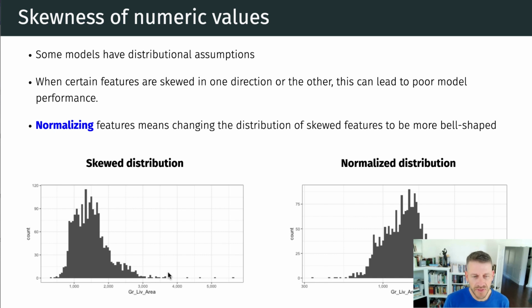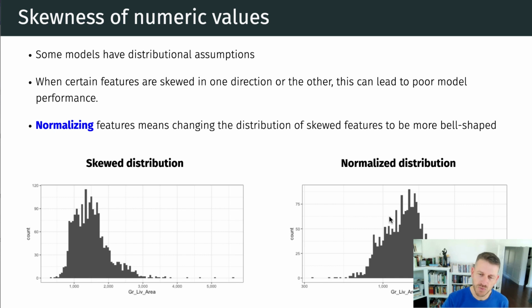Now it's this tail that can cause problems with certain models, and what we'd like to have is a much more bell-shaped or normal-shaped distribution. And so we would like to change the ground living area feature to look more like this on the right. This looks much more evenly distributed, or normally distributed, or bell-shaped curve looking.